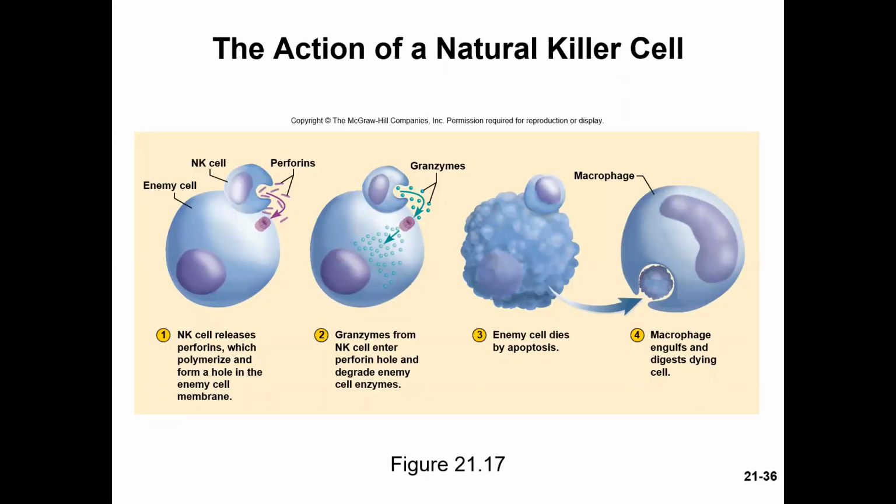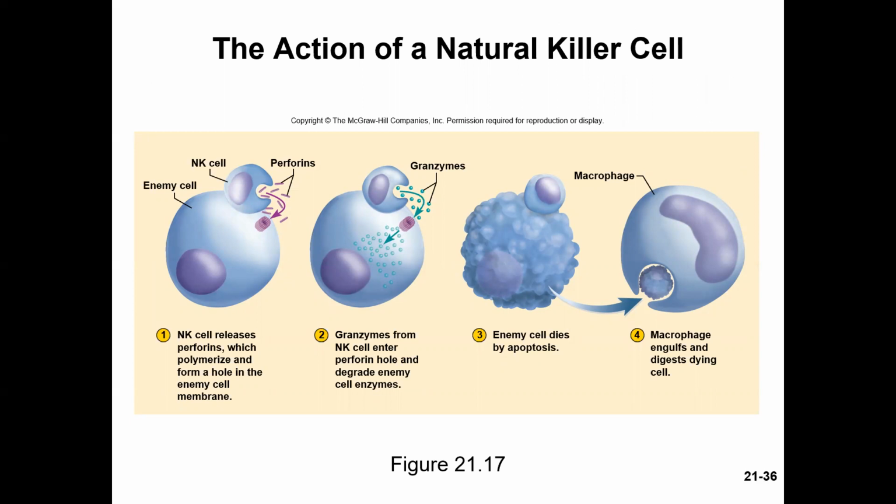This shows a little bit more of what happens in the case of the natural killer cell and why they're so important. If it detects an enemy cell, the NK cell releases the perforins, which polymerize and form a hole in the enemy cell membrane. Granzymes from the NK cell will enter the pore and degrade enemy cell enzymes.